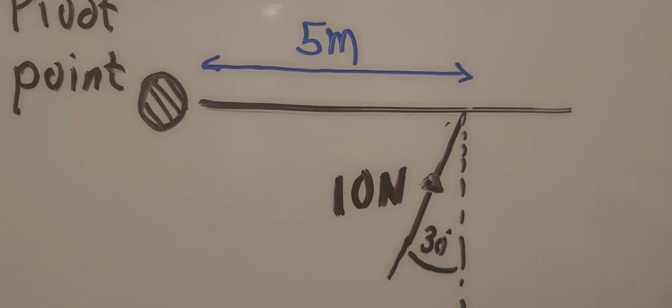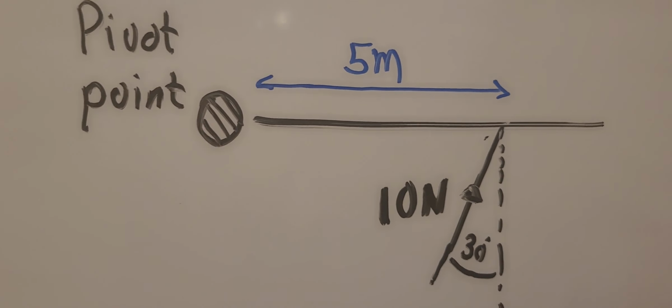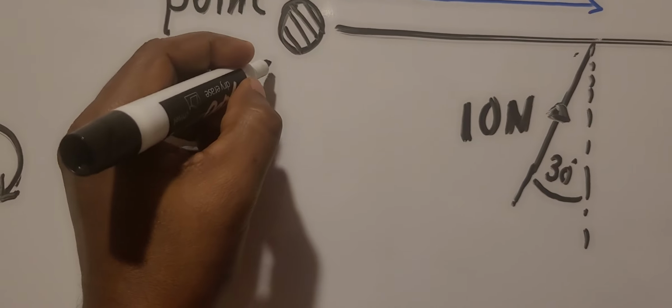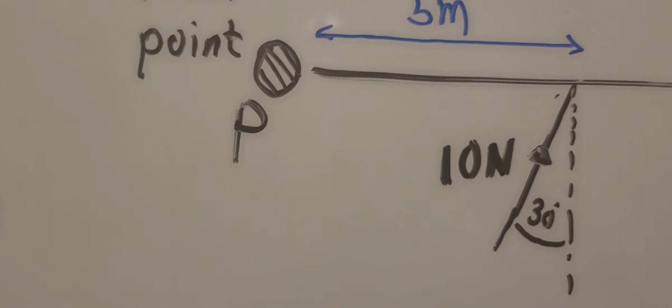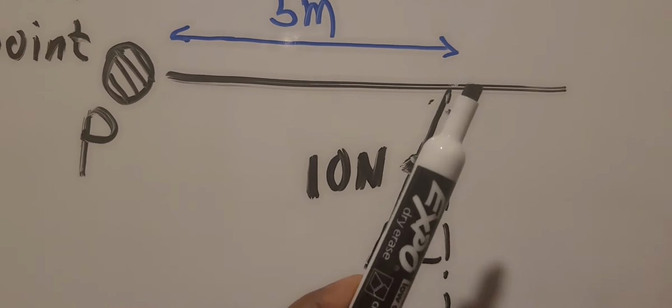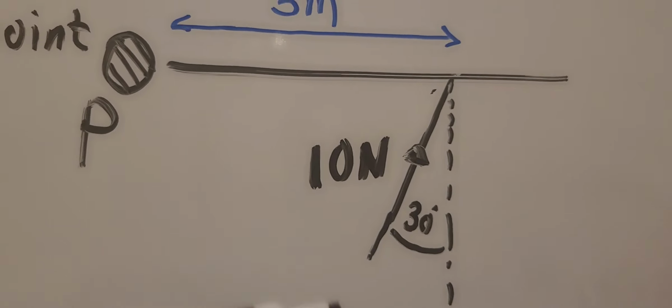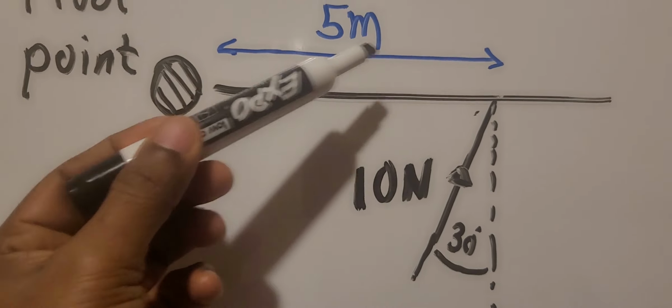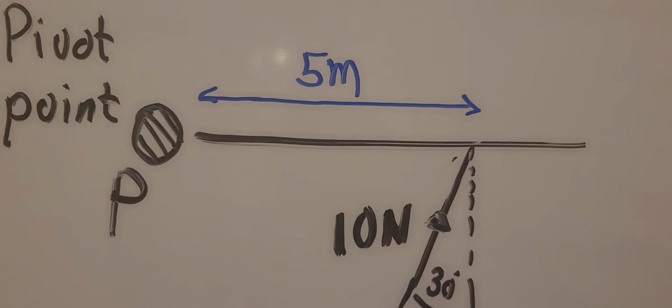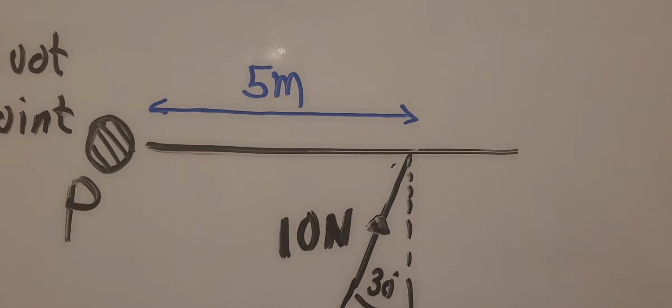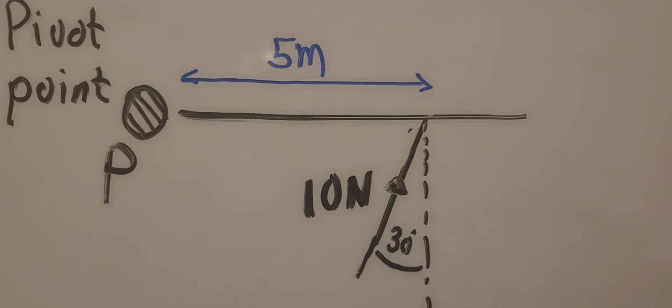Here again, I have the pivot point P. I have the force 10 newtons in this direction, and then I have a distance 5 meters, but that's not what we call the leverage. Why?